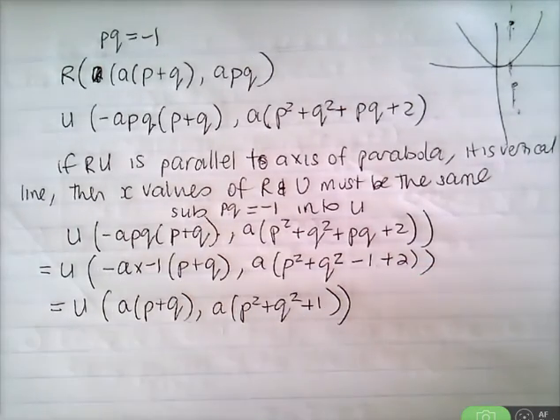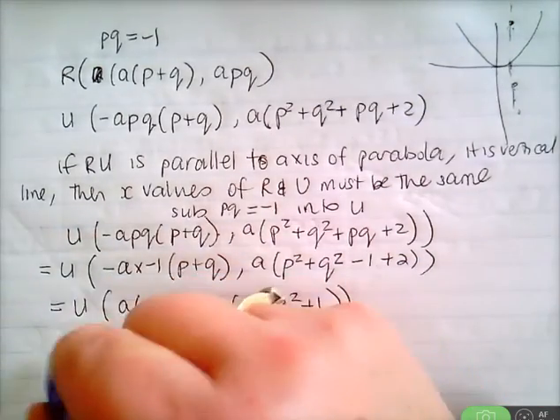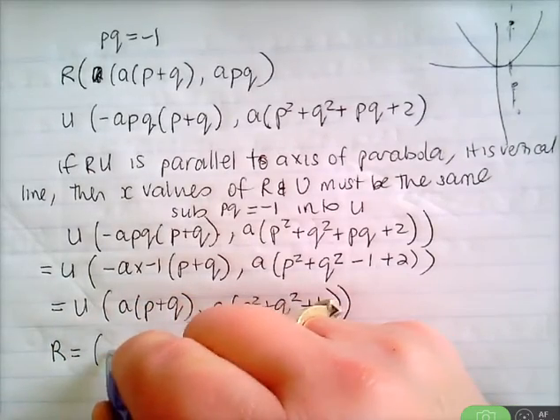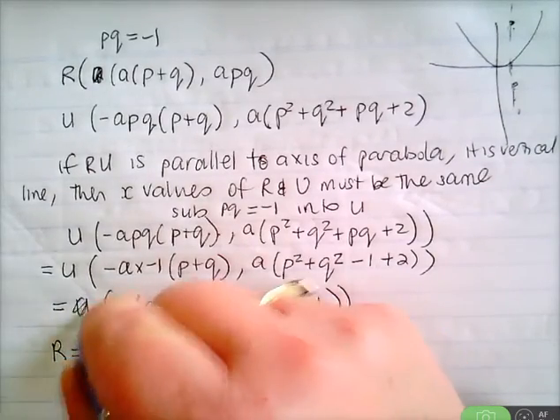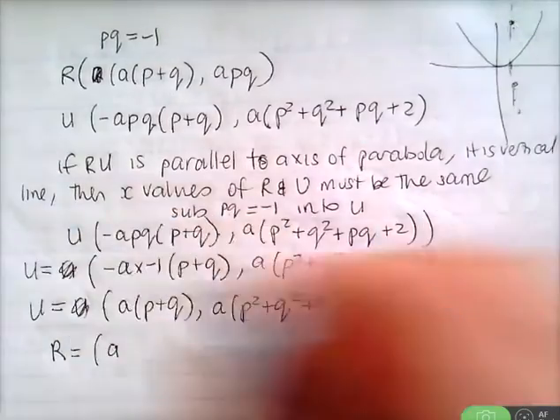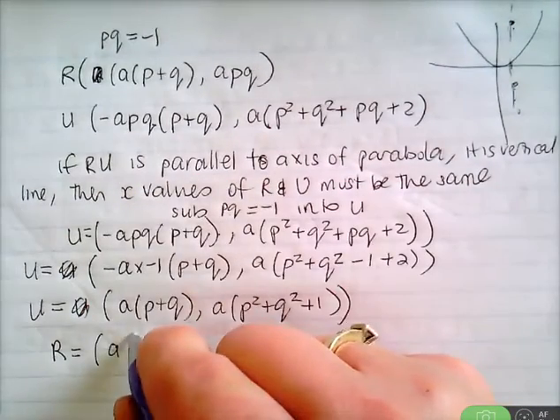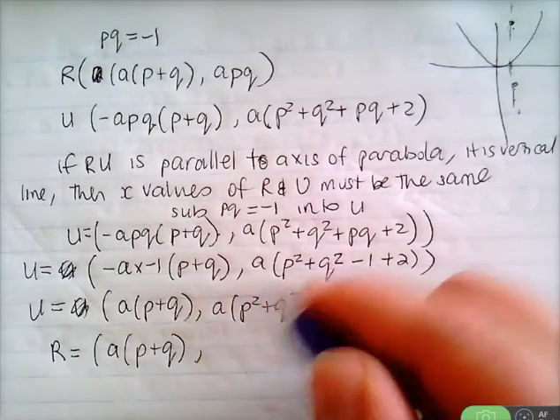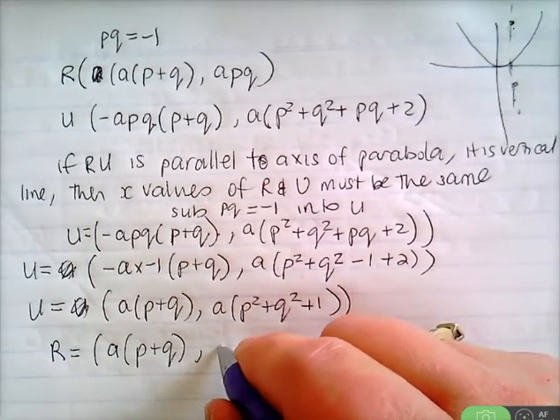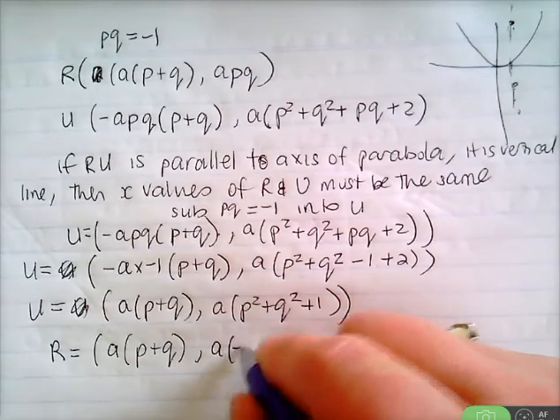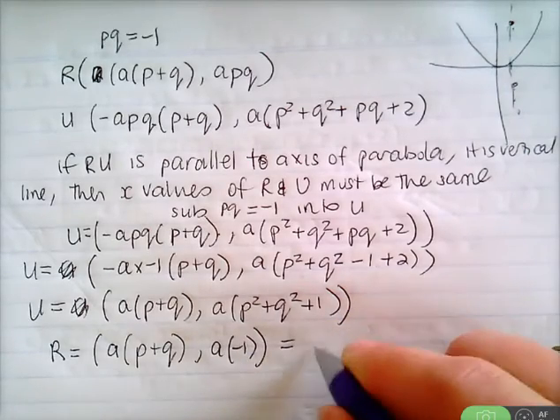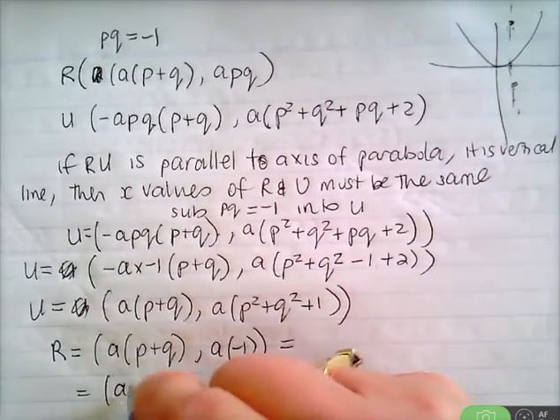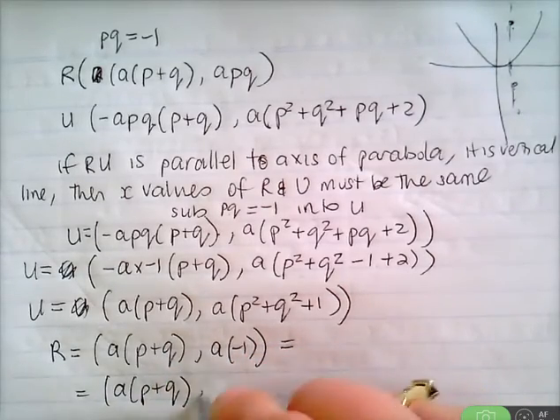Now, if we sub, we don't have to, but R is the point a bracket p plus q, a PQ, which is what? What's a times PQ? a times -1. Which means R is the point a bracket p plus q, -a.